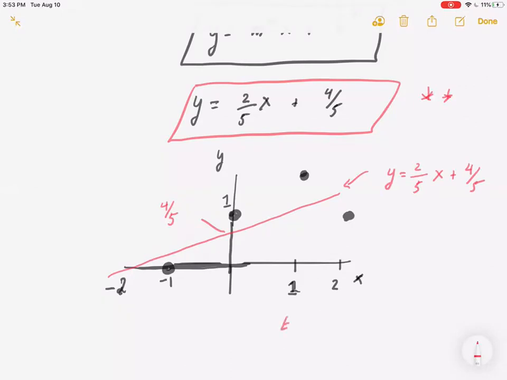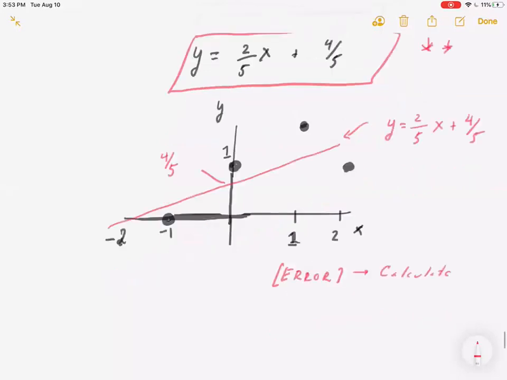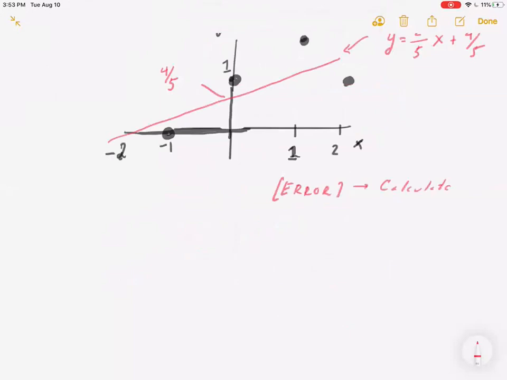There is some error, and you can calculate that in the problem set. I've given you some examples of how to do that. But this is very helpful because you can imagine problems where you have huge amounts of data that are scattered all over the place.